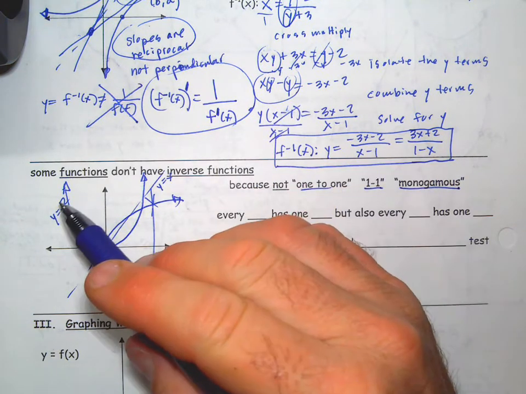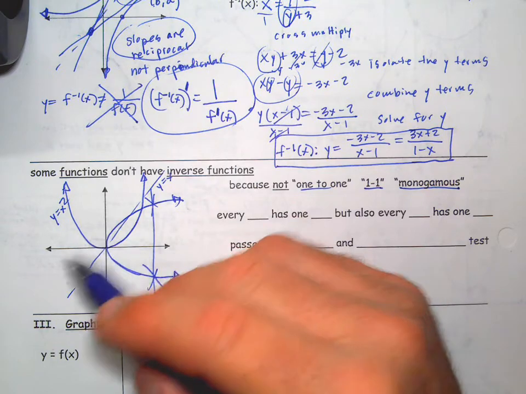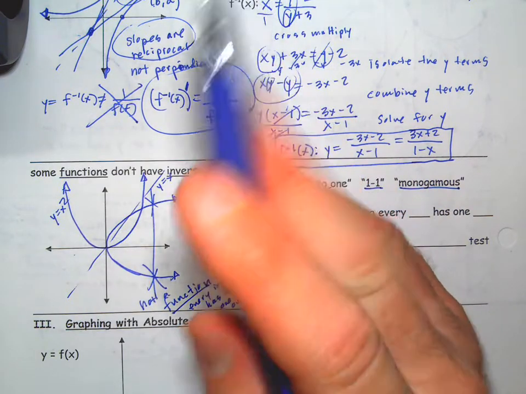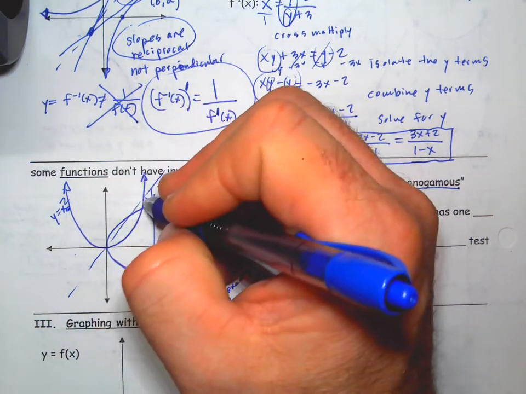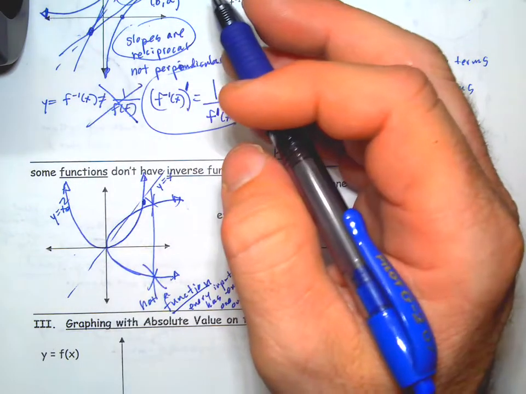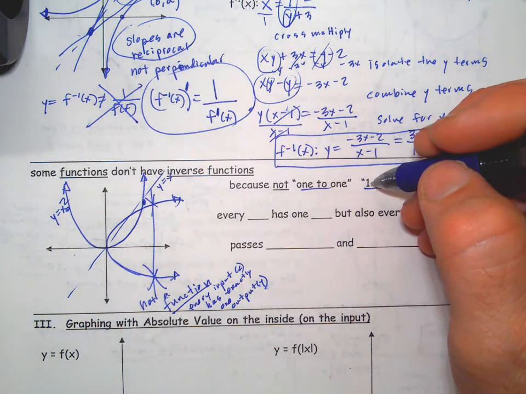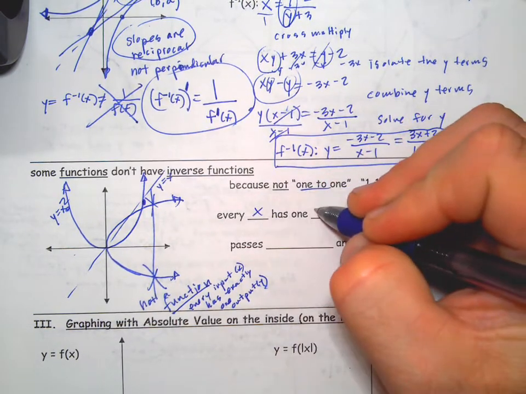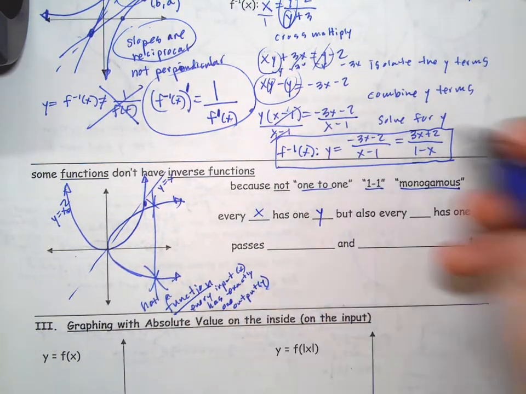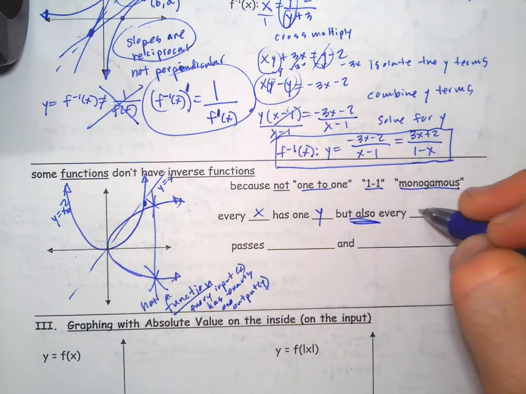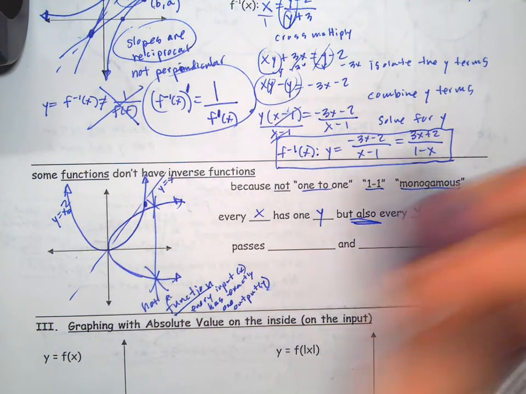Now, parabolas themselves are functions because every x has one y value out. Now, we get the same y values out for different x's, that's okay. But that's where this monogamous one-to-one idea comes from. That every x has exactly one y, but also every y has exactly one x. A parabola doesn't have that.